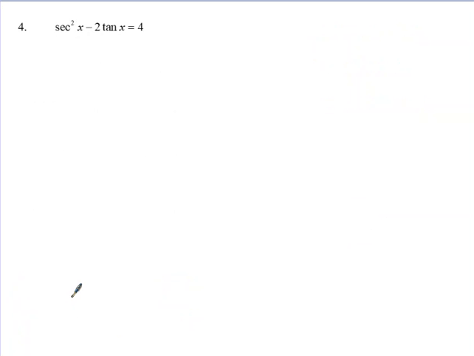Next, I have secant squared of x minus 2 tangent of x equals 4. I can use my Pythagorean identities to change secant squared of x to tangent squared of x plus 1. Then I want to set this equal to 0.